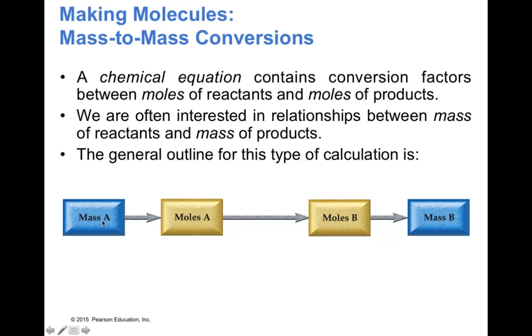So how can we convert from mass of A, that the unit of mass most of the time is gram, to moles of A? We want to go from grams to moles. What should we use here?